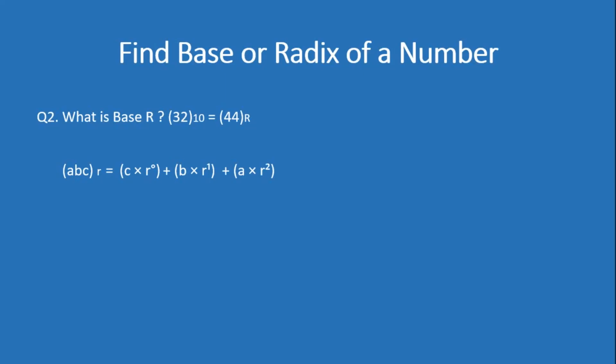So this is the radix 10 of the number ABC in base r. So this is the process of how you will convert a number in base r to radix 10.